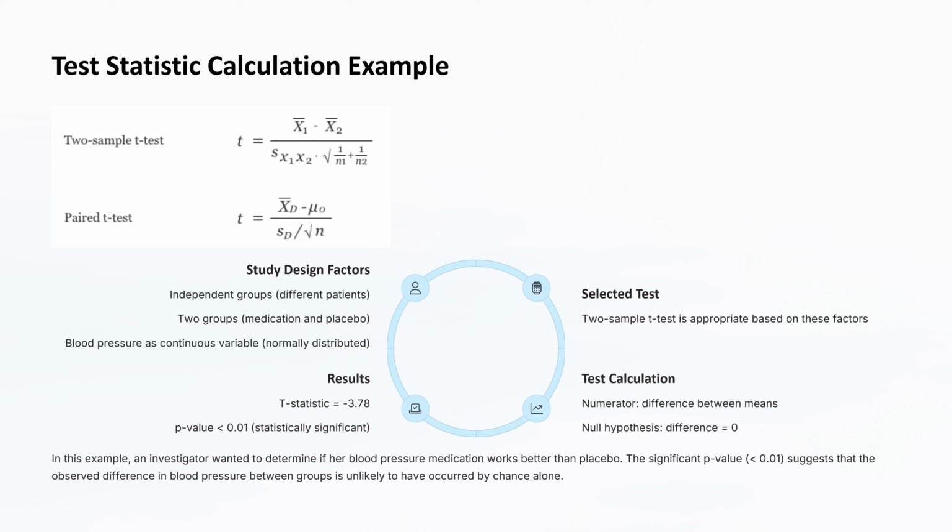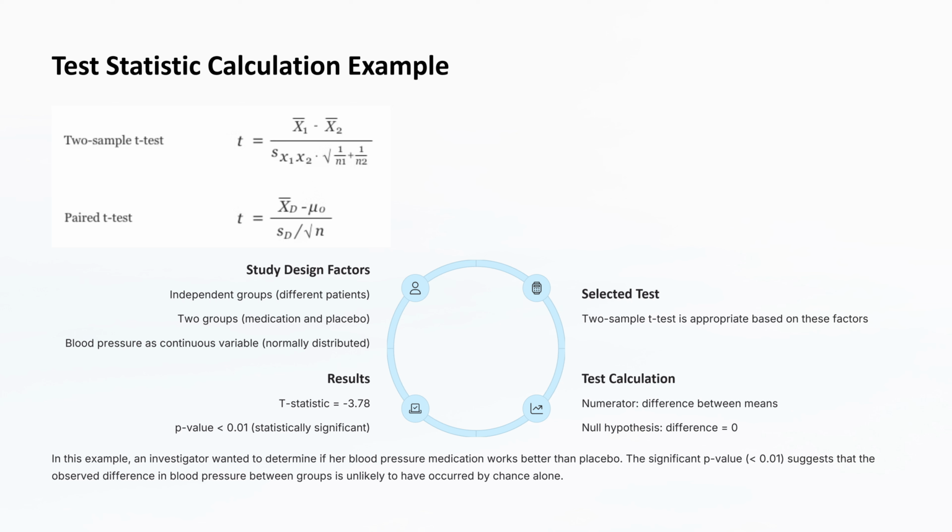They have two groups. There's a medication and a placebo group. And then they're looking at an outcome of blood pressure, which is a continuous variable that is normally distributed. So based on those factors, you have to select a test, and the most appropriate test here is a 2-sample t-test, or student t-test, as they call it. And that's the most appropriate test for independent groups, two groups, and a continuous variable.